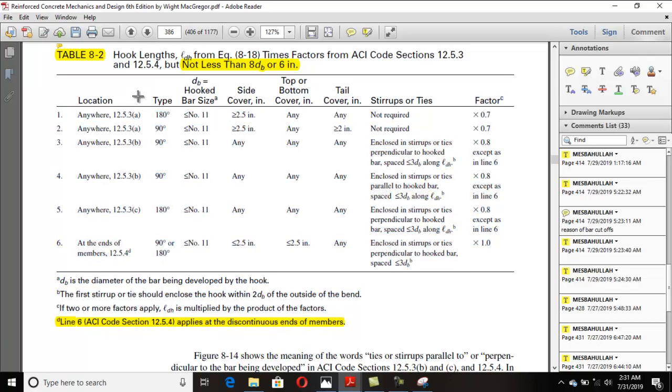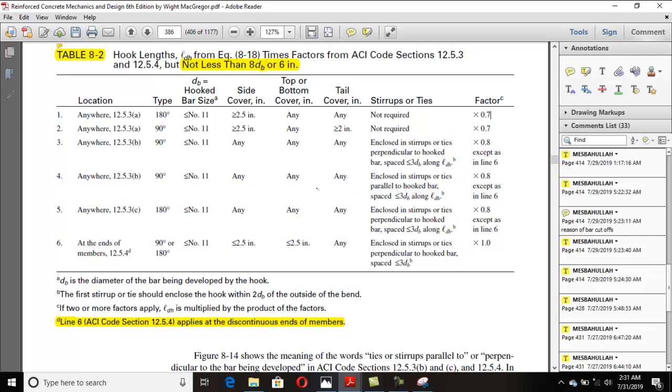So if your side cover is greater than 2.5 and for a 180-degree hook less than 11, your top cover and tail cover can be whatever value. You need no stirrups. It is only at continuous edges. This factor will be 0.7, and for a 90-degree hook it is also applicable.